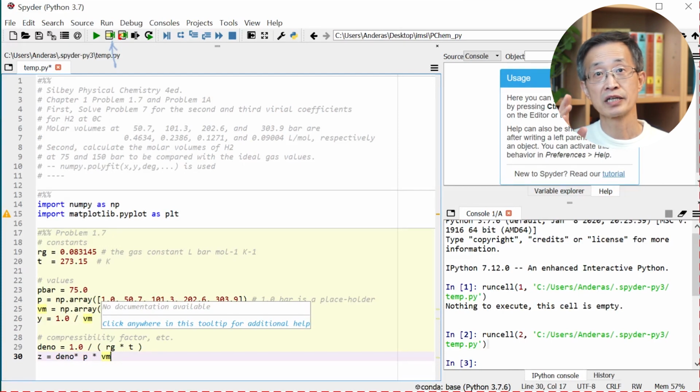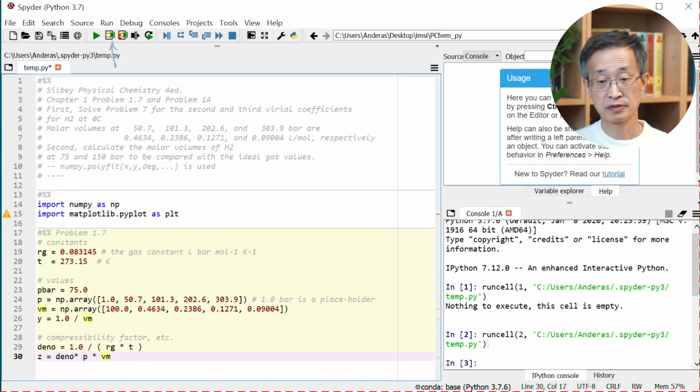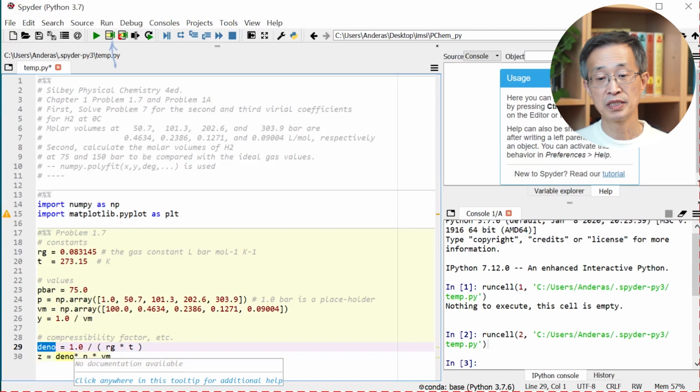So R is a gas constant, T is fixed here, so R times T, we take the reciprocal, just the denominator, and then that is multiplied by P and Vm. Vm is just here, the molar volume, and the pressure is in this case the individual list here, and then that will calculate the compressibility factor Z.